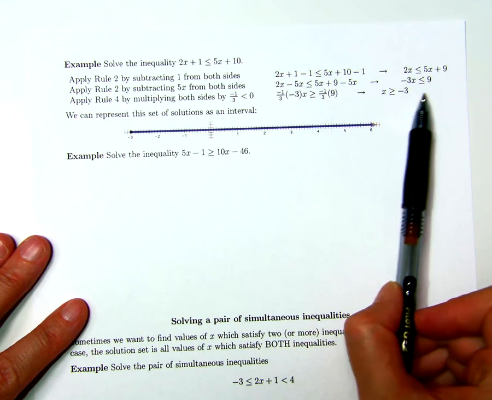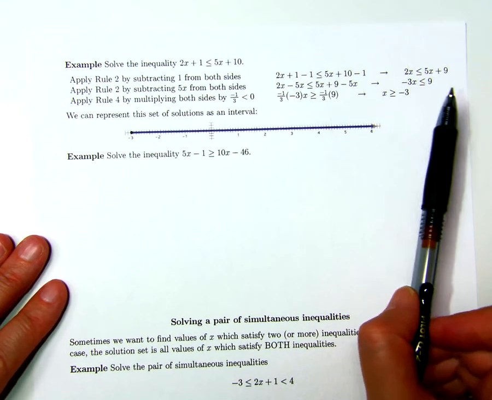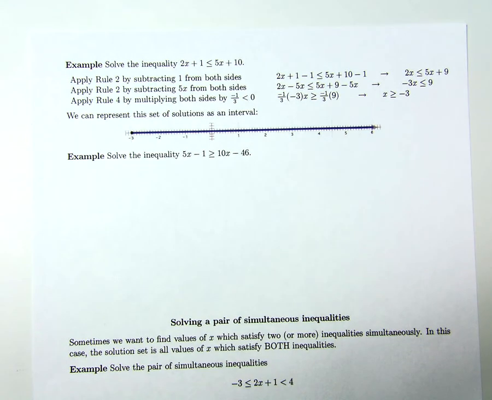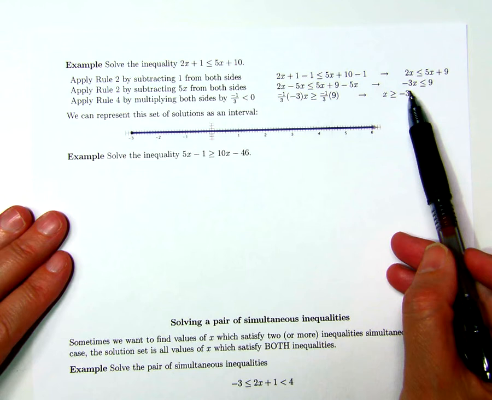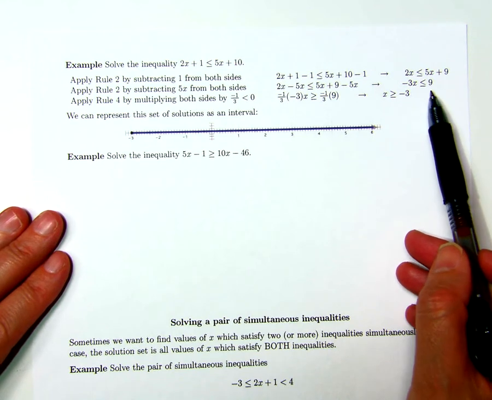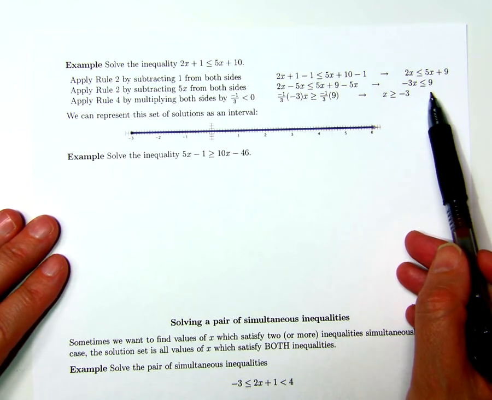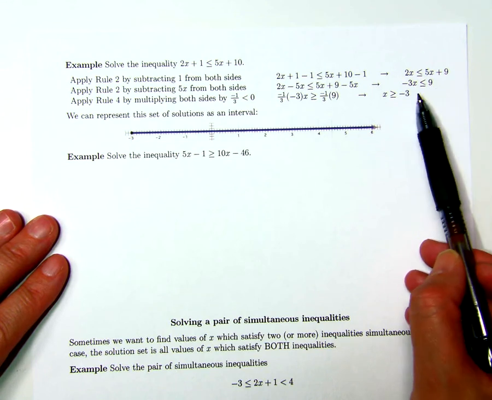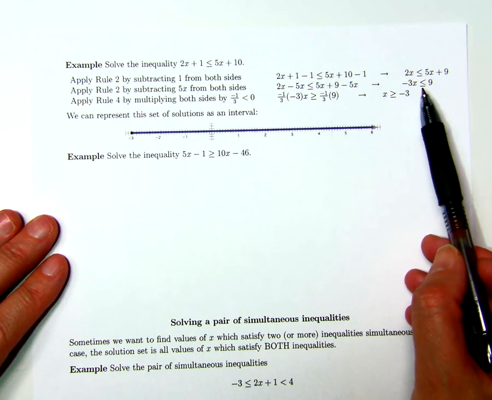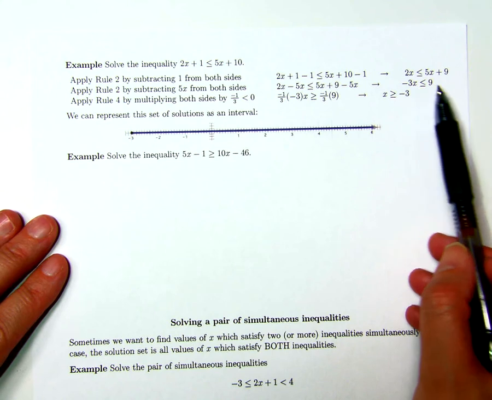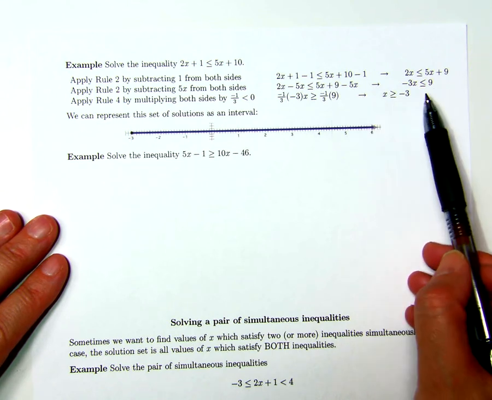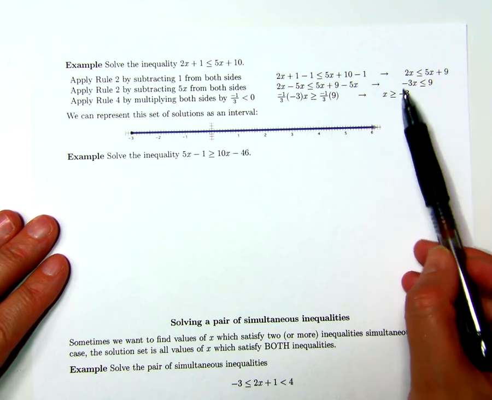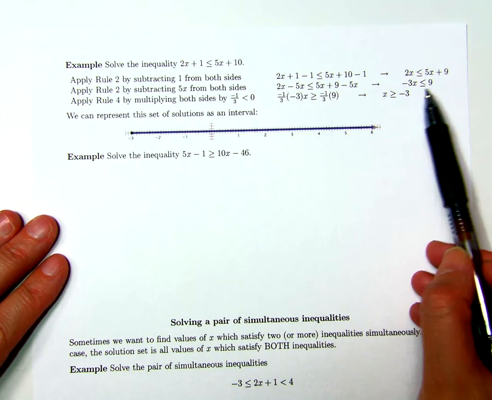So I have here an inequality which is equivalent to the one I started with, but notice I brought all of the x's to one side and all of the constants to another. And this is a good strategy for solving linear inequalities. Bring all terms with x in them to the left and all terms which are constants to the right, and then tidy up, basically.